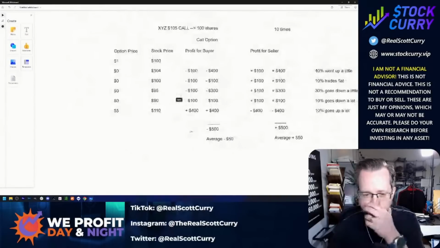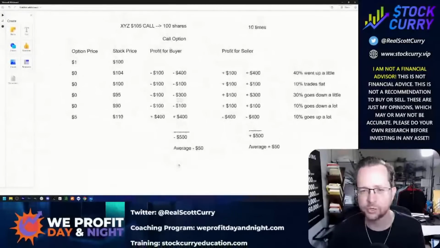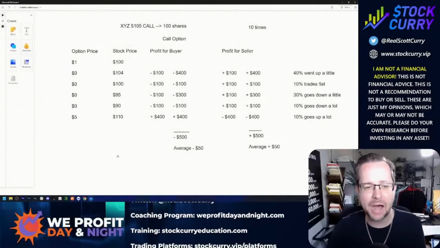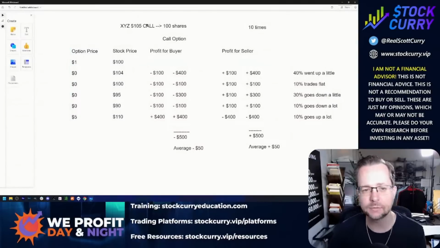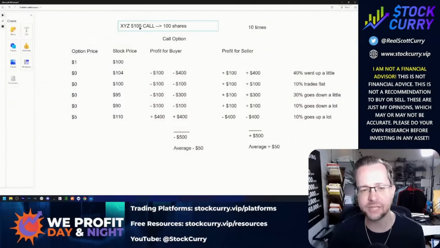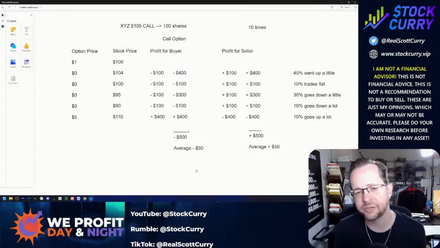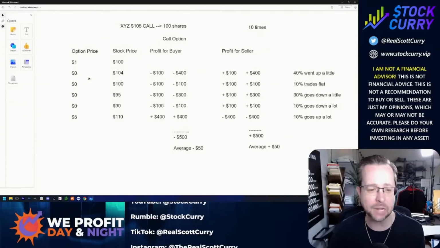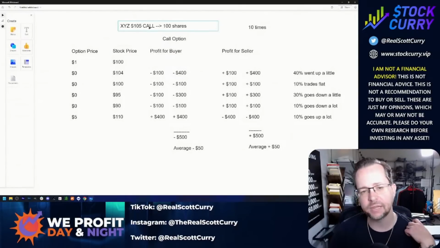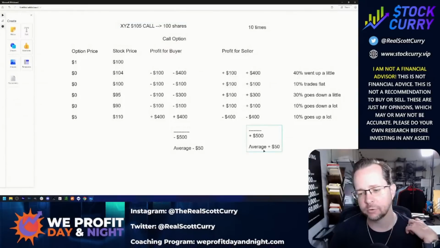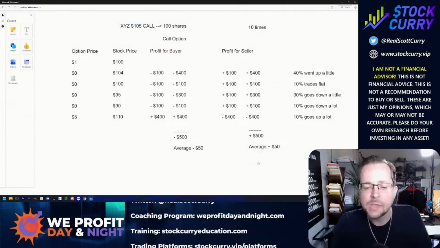So in this particular case, if you were to buy a $1 option for 5% above the current price as a call, on average, you're losing $50 every time you do that. If you were to sell a $1 option, 5% above the price, and you're going to do a call, on average, you make $50 every single time you do this.